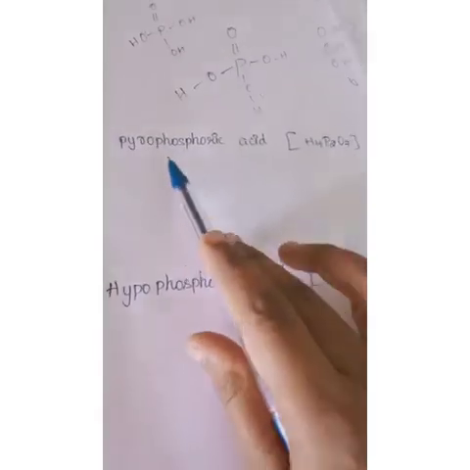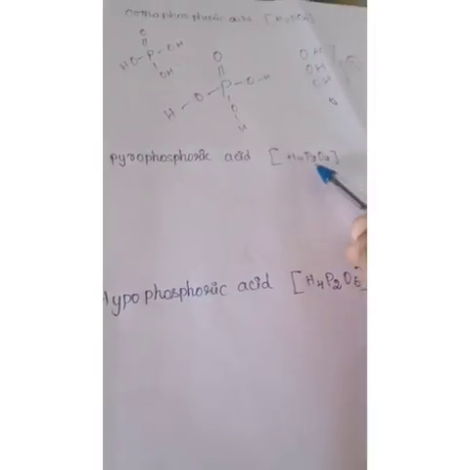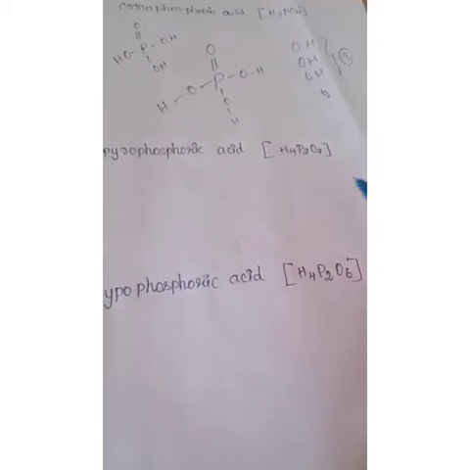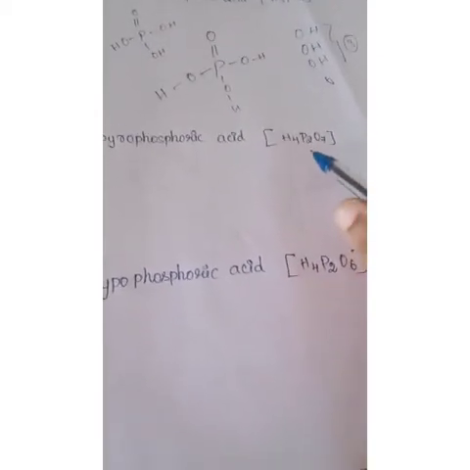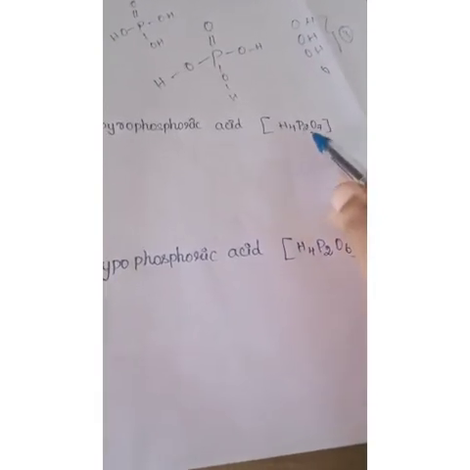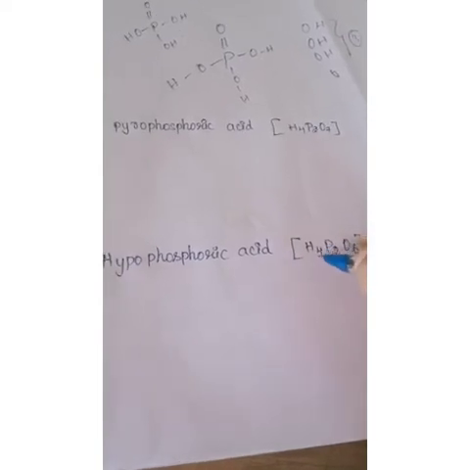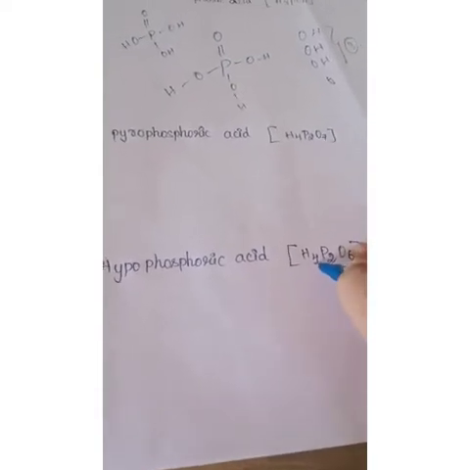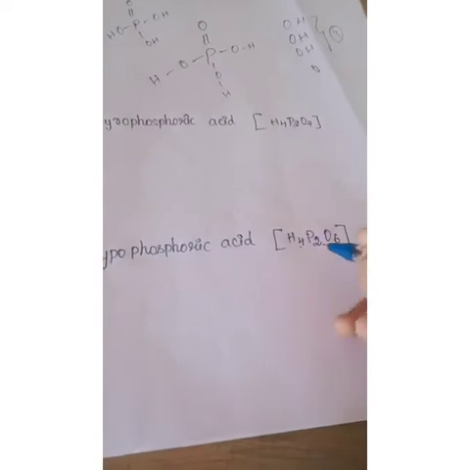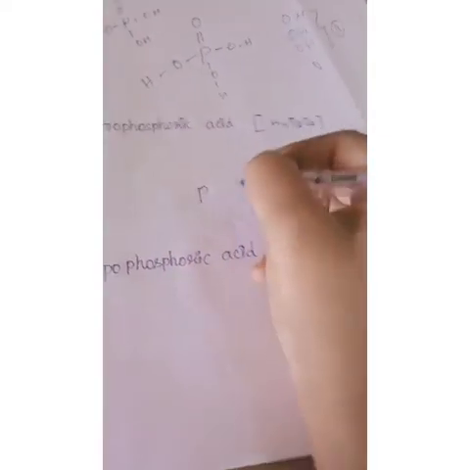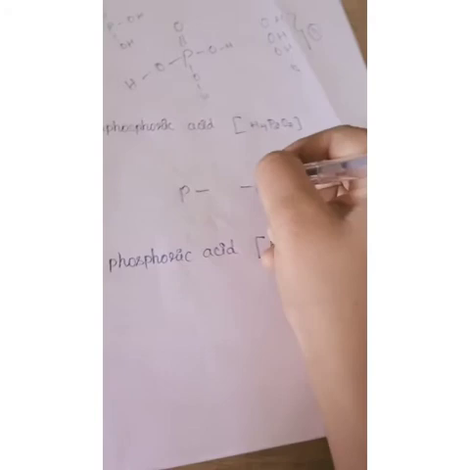Then next is pyrophosphoric acid, H4P2O7. I already told you the element with the least number is the central atom. Here also phosphorus is the least in number, which is 2. And oxygen is 7, hydrogen is 4. So here with P2, we make a connection between them. What happened actually here? One oxygen connects these two.